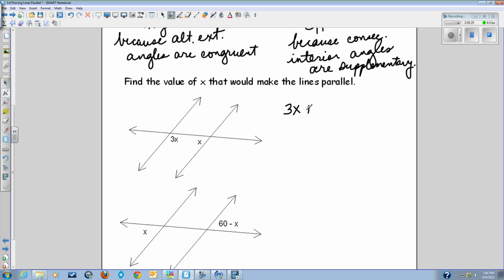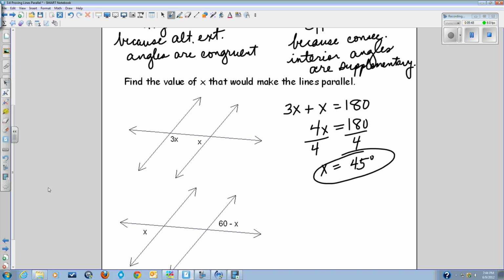So if they're supplementary, they would have to add to equal 180 degrees. So that's given us an equation to solve. So let's combine our like terms. 3x plus x is 4x, which is equal to 180. We'll divide each side by 4, so x would have to be 45 degrees.